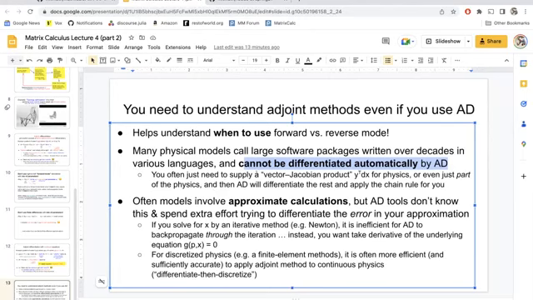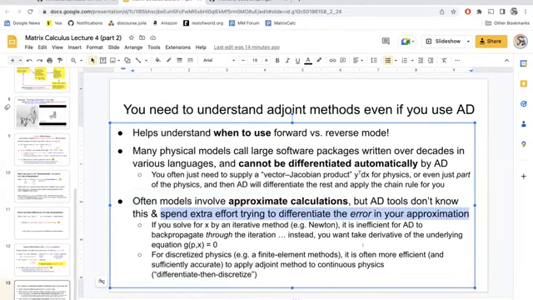It turns out you only need to write down the derivative for that part, or a vector Jacobian product, as it's called, for that part. And then it can do the rest of the chain rule for you. But you really need to know these adjoint methods in order to do that in a reasonable way. And even if you have AD, if you have a model that involves an approximate calculation, like a Newton solve, automatic differentiation typically doesn't know this and spends a lot of effort trying to differentiate exactly the error in your approximation.